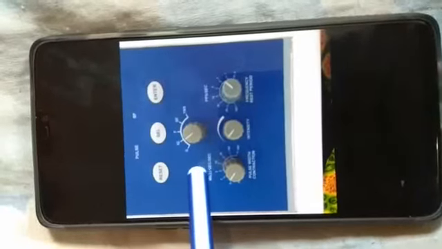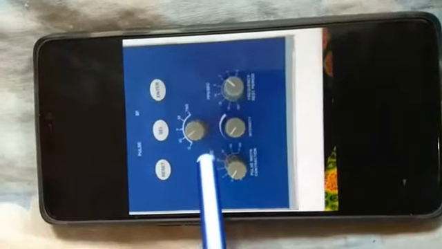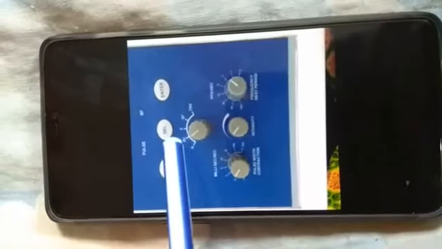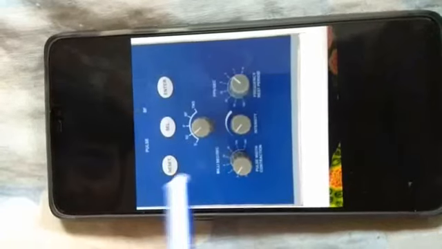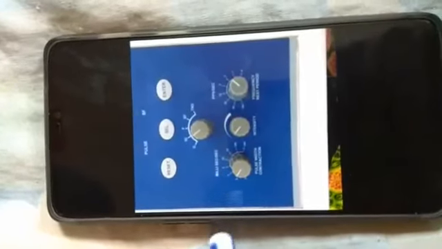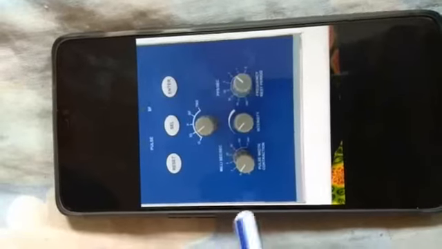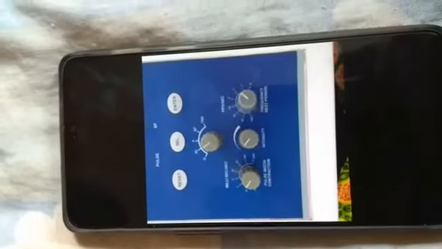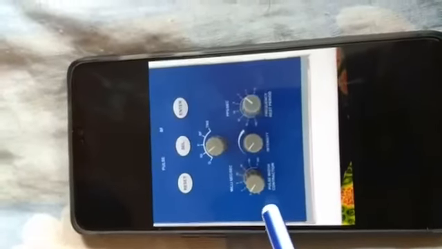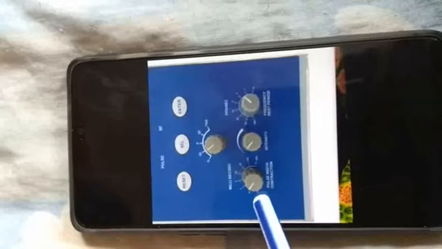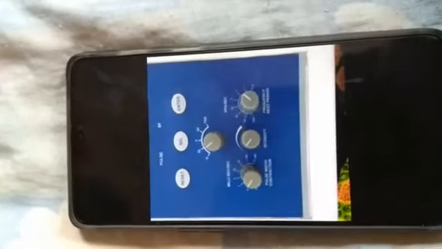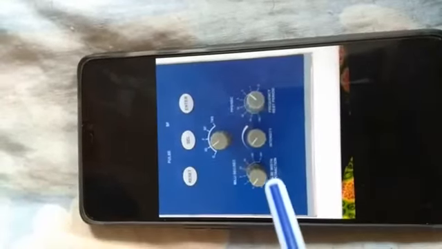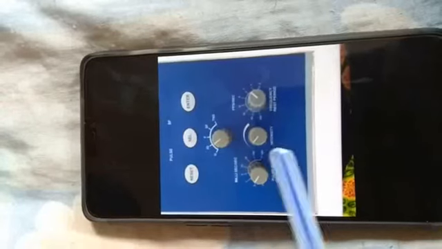The first knob is for choosing the current: galvanic current, interrupted galvanic current, Faradic current, surge Faradic current, etc. If we choose interrupted galvanic current, there are two other knobs for the selected parameters: we can select the pulse width and frequency. When we have chosen that, we can increase the intensity gradually.